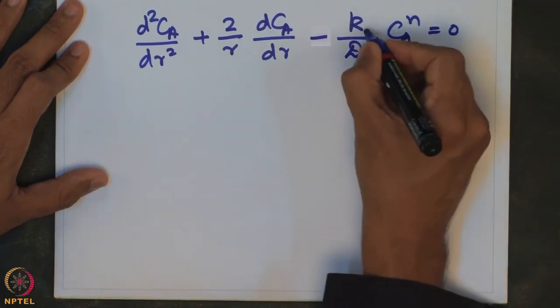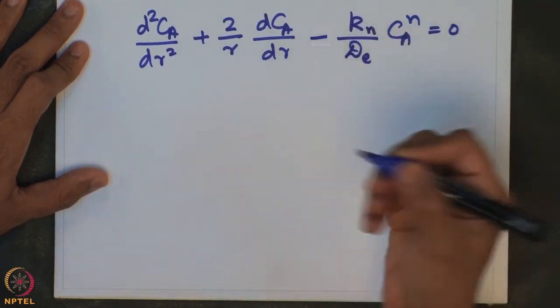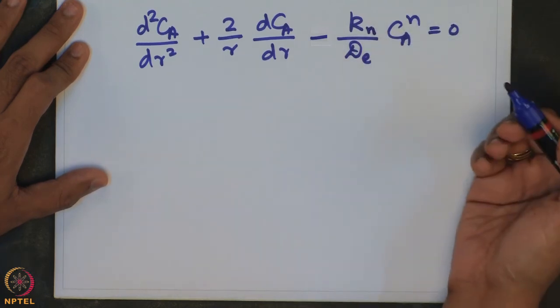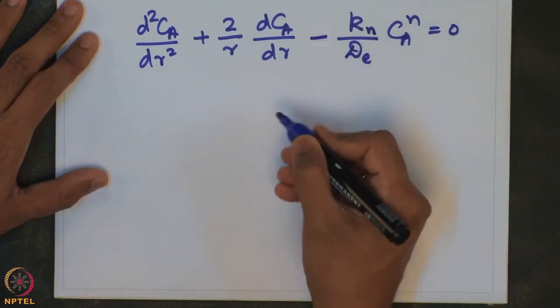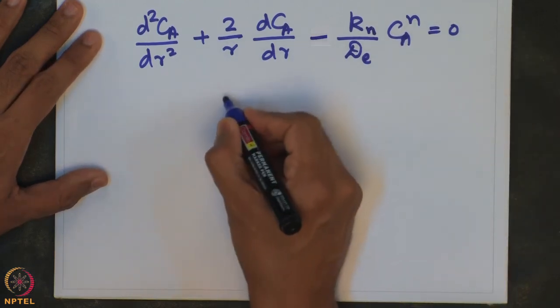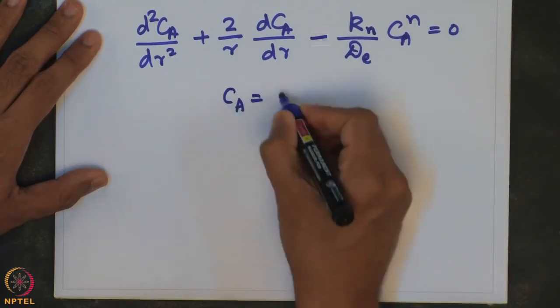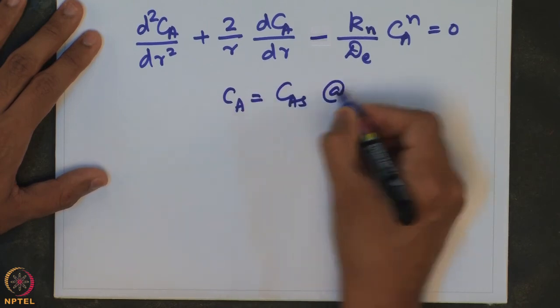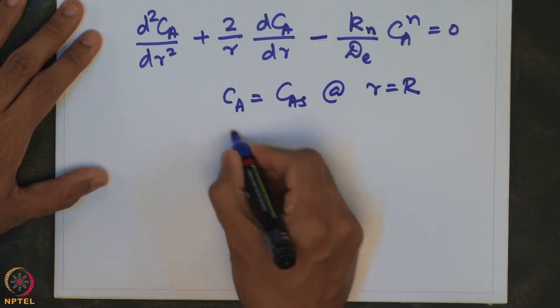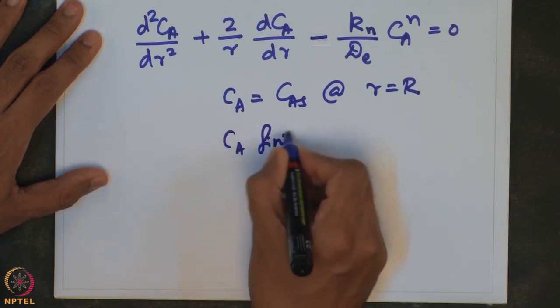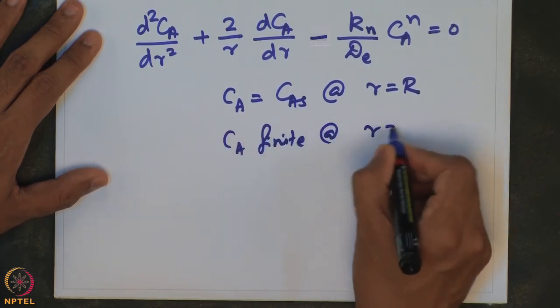In some literature, typically a subscript n is also used here to refer to the nth order reaction. So, we may use this convention as well in future lectures. The boundary conditions are Ca equal to Cas at r equal to capital R, which is the outer surface, and Ca is finite at r equal to 0.